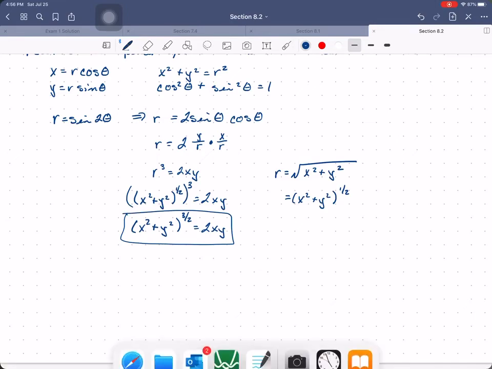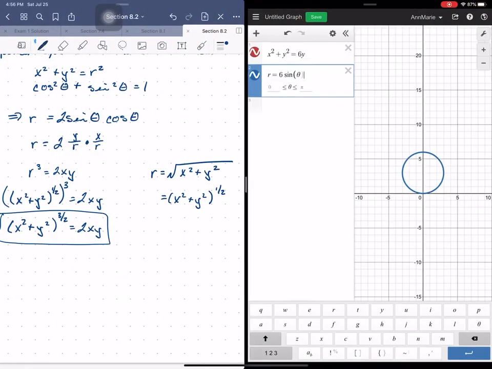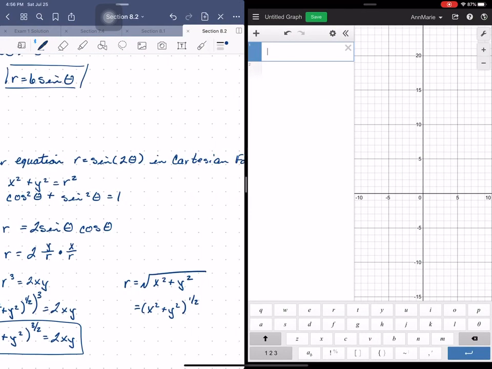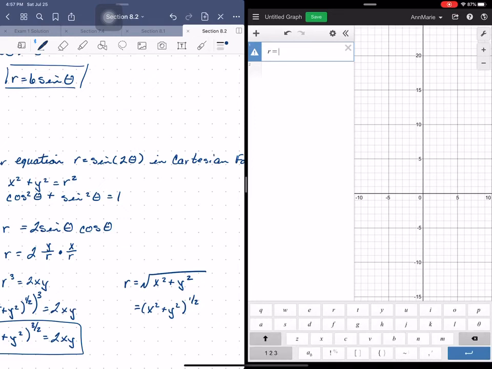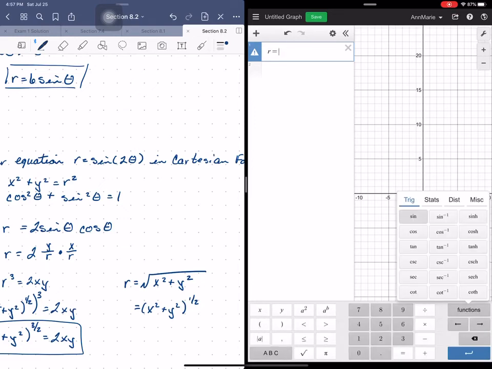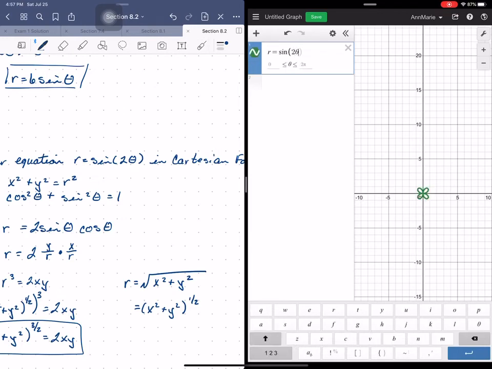Now, how do we check ourselves? Well, we check ourselves the same way we did a minute ago. This time we're going to start with our polar equation because it's what was given to me. So we're going to start with r equals sine 2 theta.